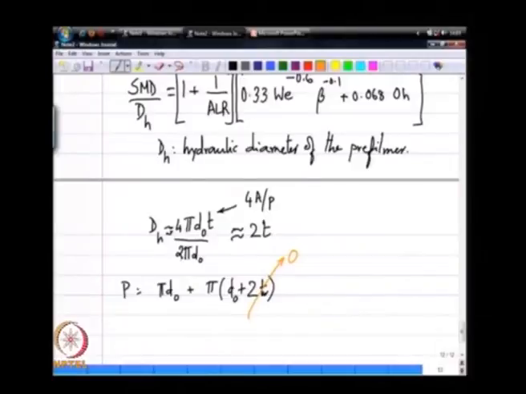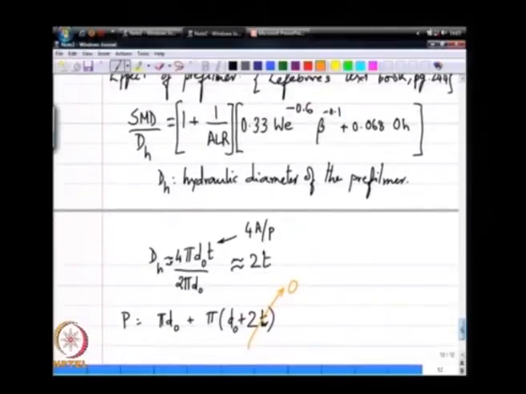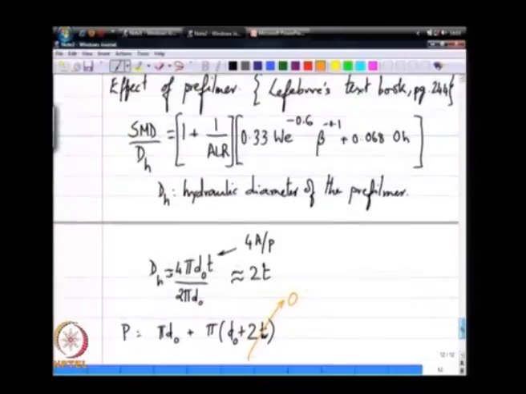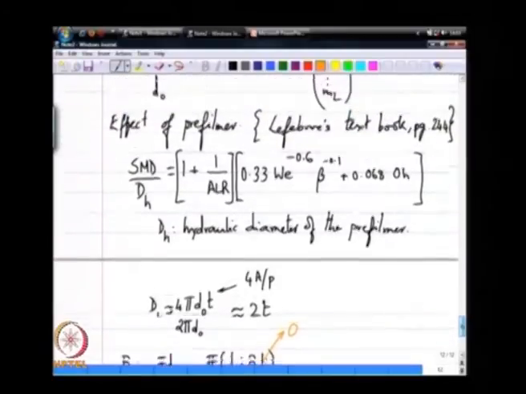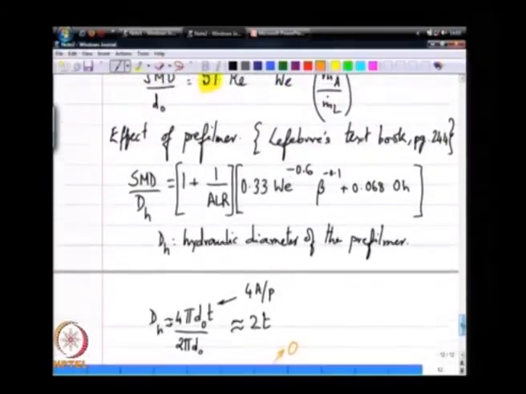So, that hydraulic diameter being equal to twice the thickness is a reasonably good estimate, where the pre-filmer thickness is small in comparison to the inner core diameter d 0.